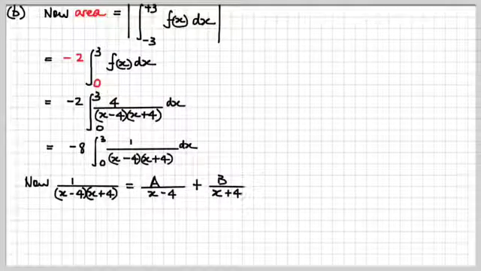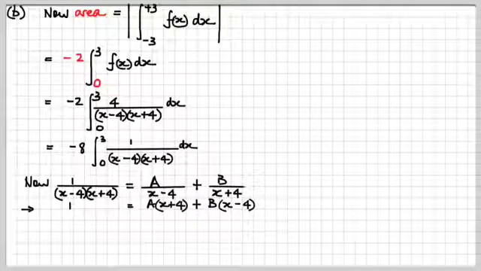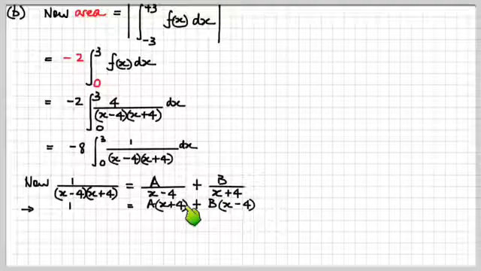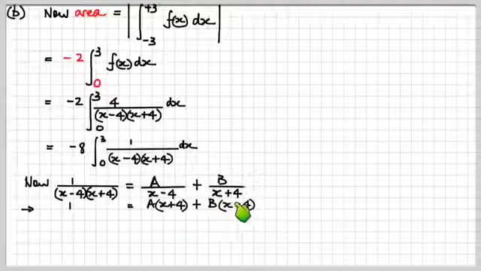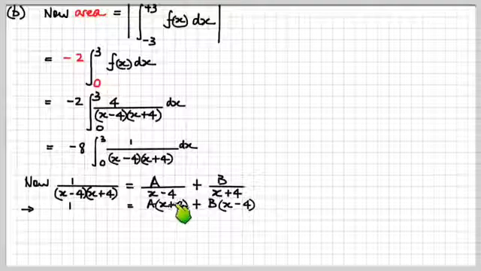So that's going to be a over the first term plus b over the second term. Now, multiplying right through by this denominator here, we get that. Okay. Now, instead of multiplying these brackets out and then collecting like terms and equating coefficients, you don't have to do that in a situation like this.